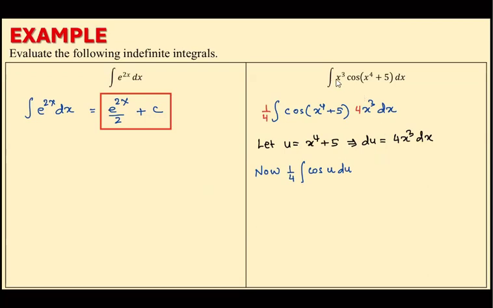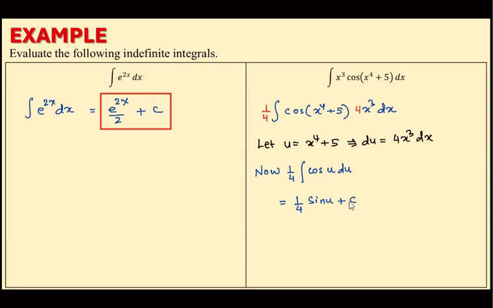So the question that was given in terms of x is now changed in terms of u, and we can easily integrate that. 1/4 is a constant. Derivative of sine u is cosine u. So integration of cosine u is sine u, and then plus c.